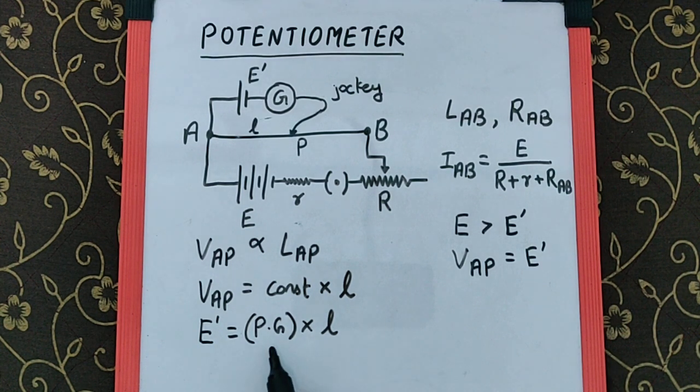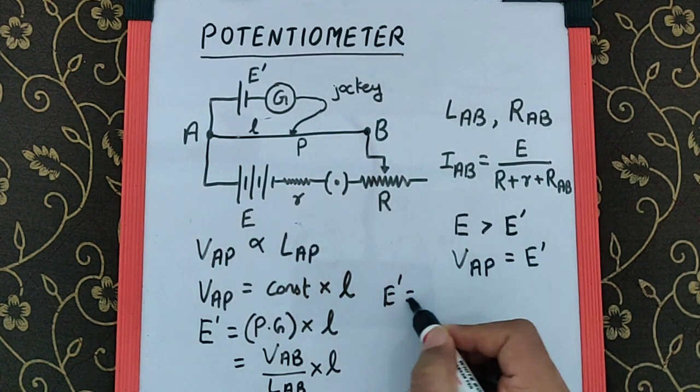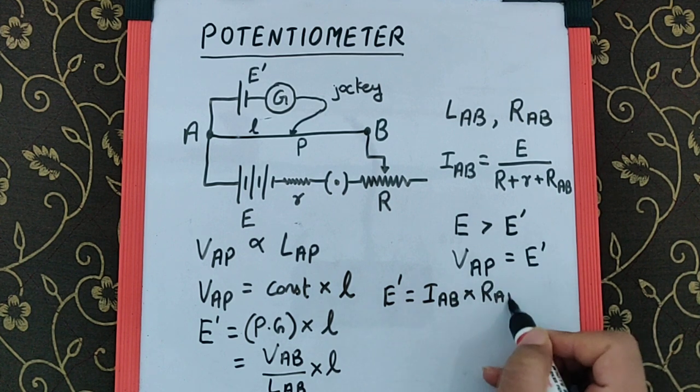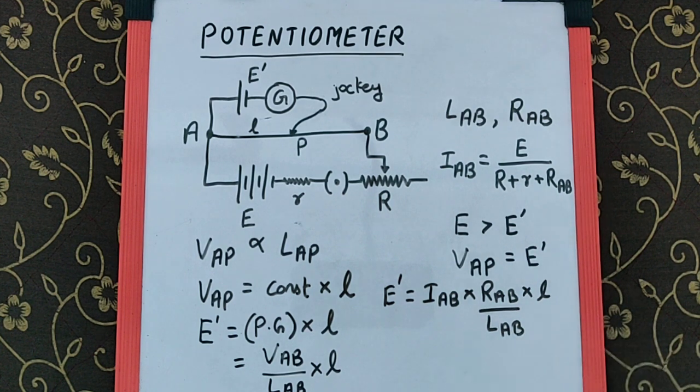Now potential gradient, as we know, is the potential difference across the wire upon the length of the wire, which over here we have as VAB, which is the total wire, upon LAB, which is the total length of the wire, into the balancing length. Now definitely we can write VAB by Ohm's law as IAB into RAB. That means E dash is IAB into RAB into balancing length upon length of AB.